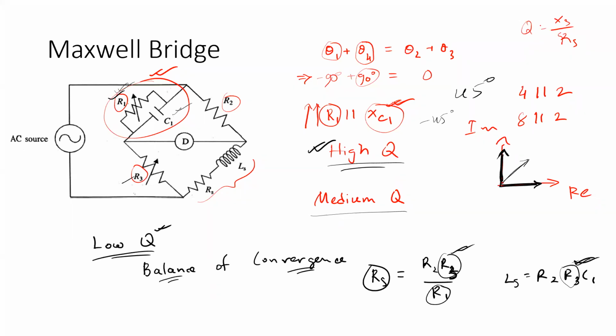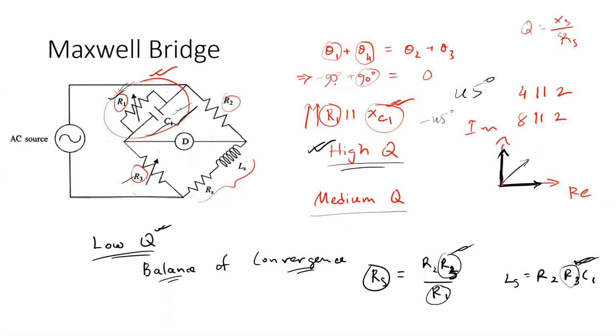So if we connect them in series, then we will not require a potentiometer which has to be of very high value. So using a low valued potentiometer, it can be ensured that the angle of this branch is close to minus 90 degree.